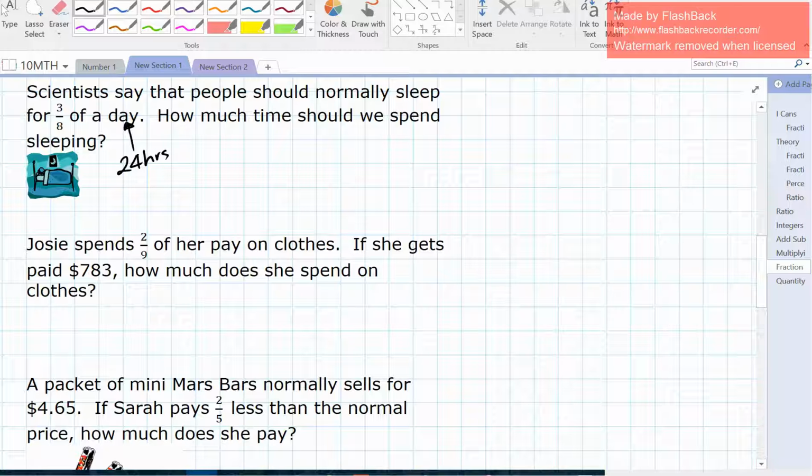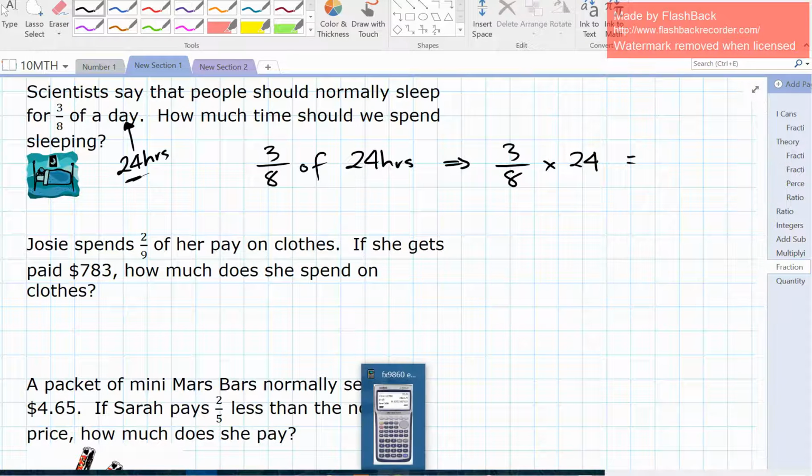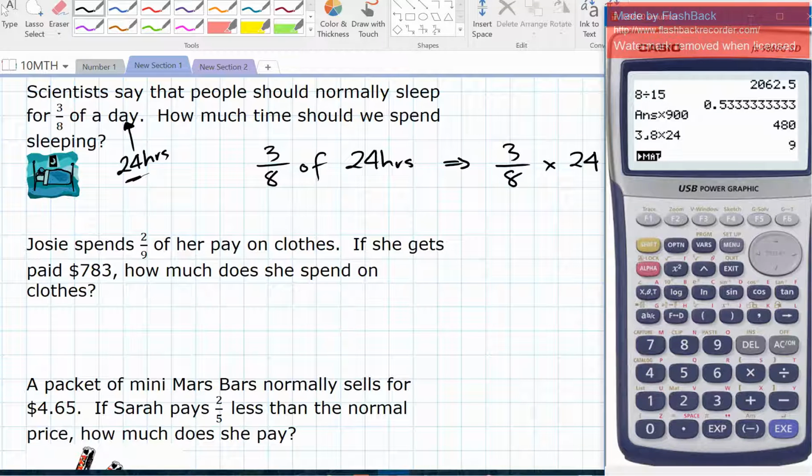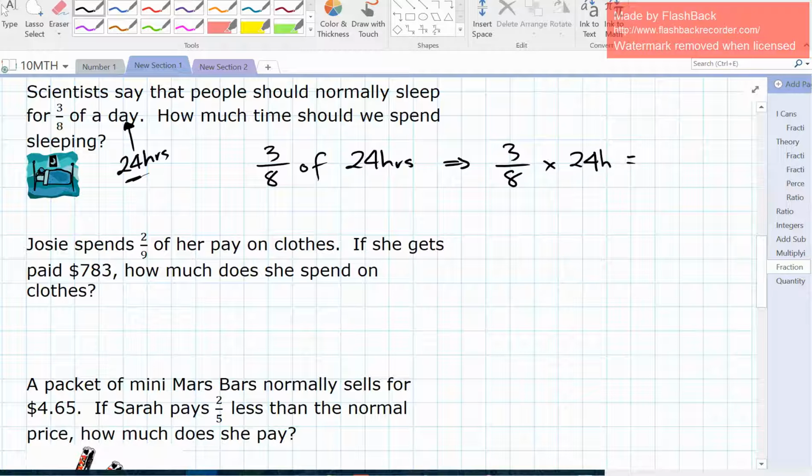So we're going to use that quantity, and we want to find 3/8 of 24 hours. Okay, so that translates to 3/8 times 24. 3/8 times 24 is 9. So 9 hours.